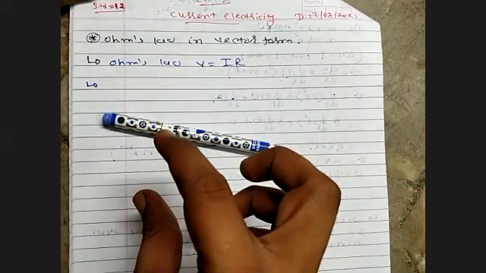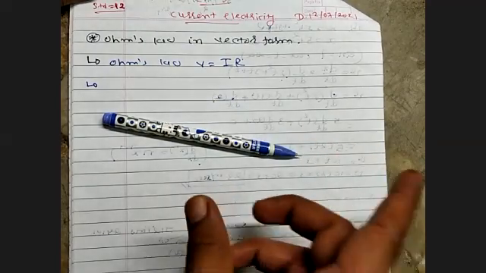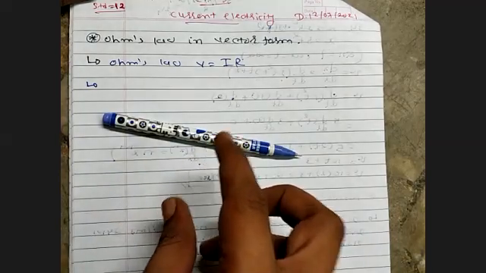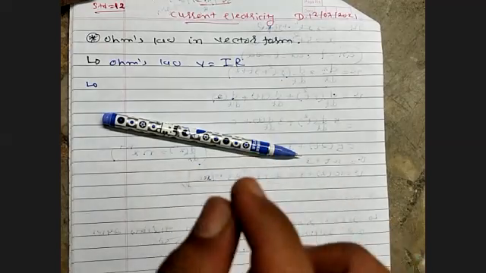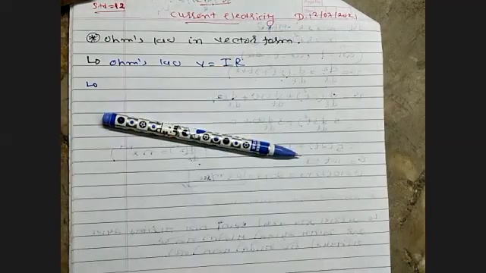The rate of flow of charge from any cross section area is named as current. In this case, we deal with a cross section area, but we do not write that area into the equation of current.